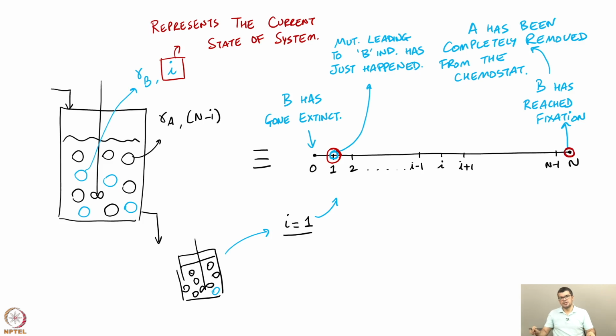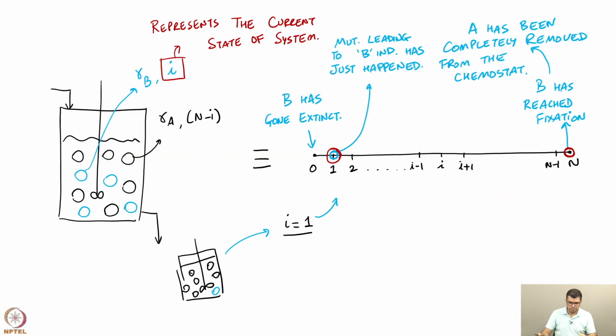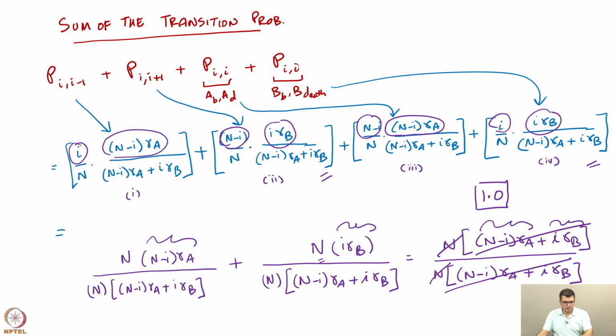That is the transition that we are interested in seeing. But what Moran process has told us is that this transition will not happen in just one step. You can't go from I equal to 1 to I equal to n in just one step. It's going to happen in a series of steps. And those series of steps are given by these transition probabilities.